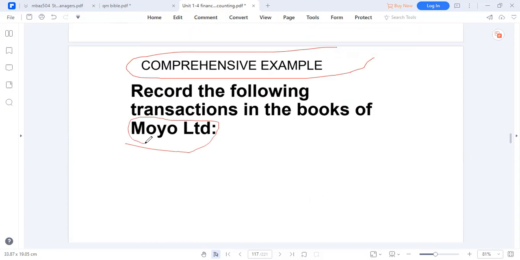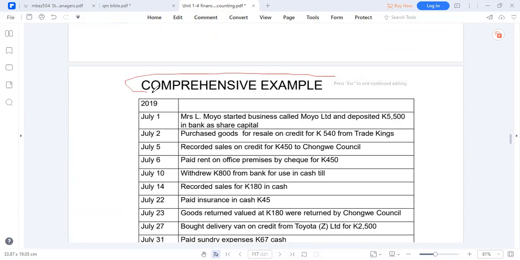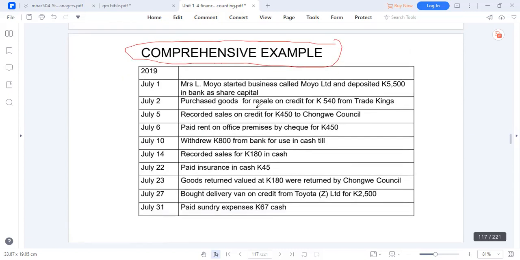We're going to do it together, and I'll explain slowly so that you understand this thoroughly. Other things I will explain after we finish this example.